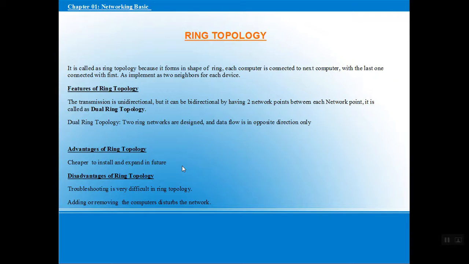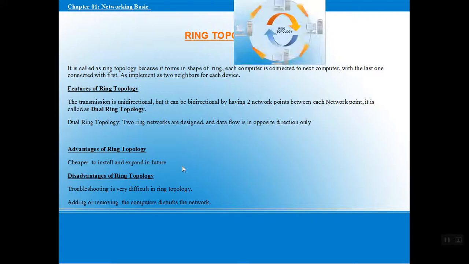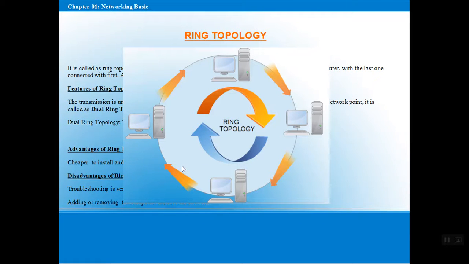Next we have a ring topology. The computers are connected in the shape of a ring to share the data and their resources. It can be clockwise or anti-clockwise. We can see in the pictures the data is shared from one computer to another in the shape of a ring, clockwise or anti-clockwise.